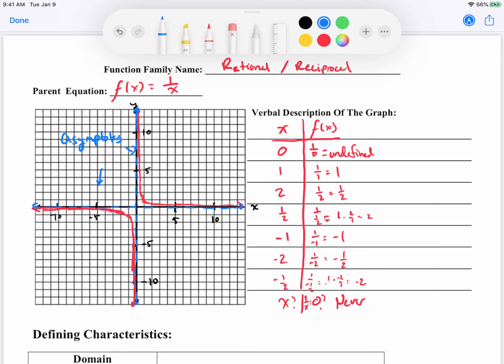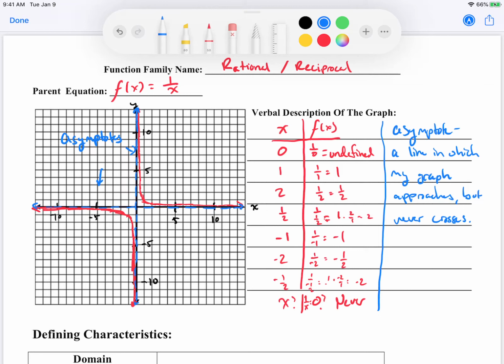So what an asymptote is, is a line in which my graph approaches but never crosses.